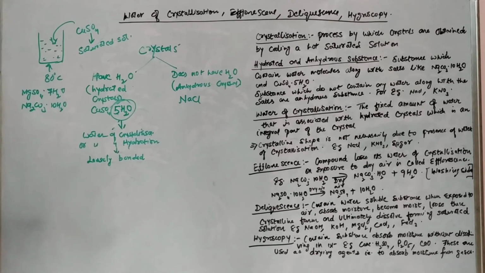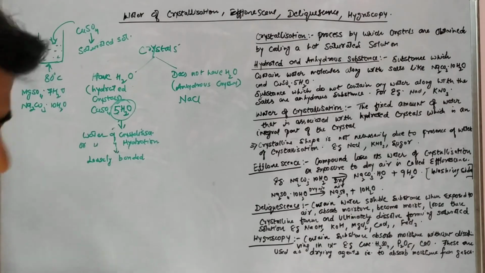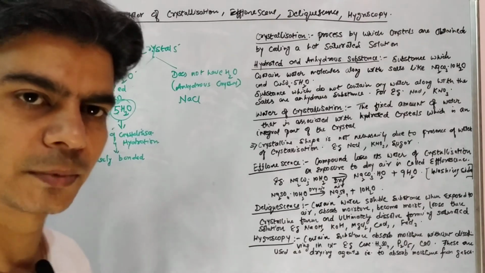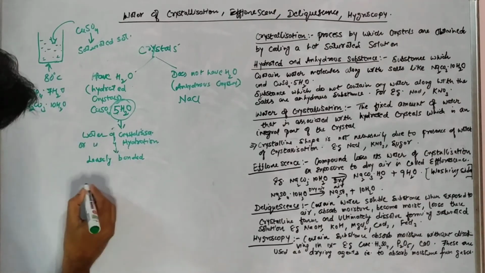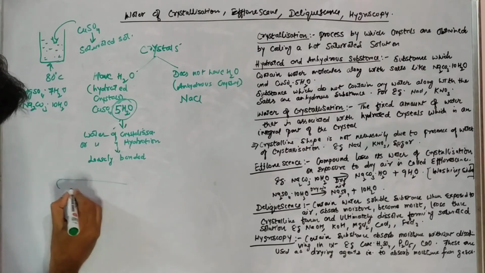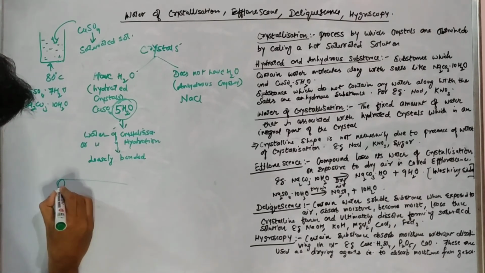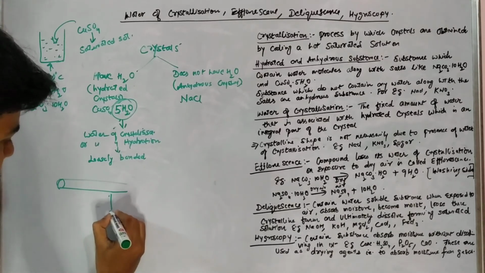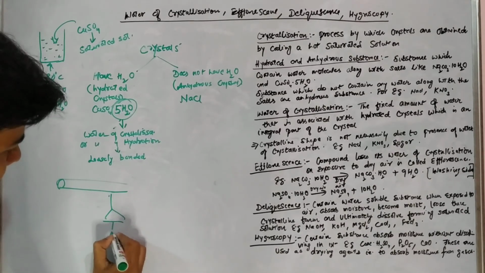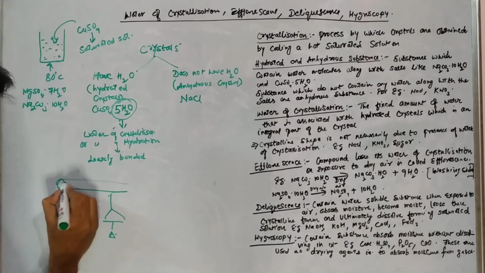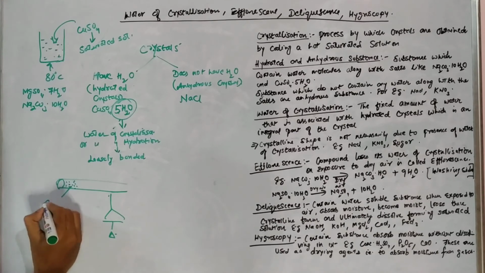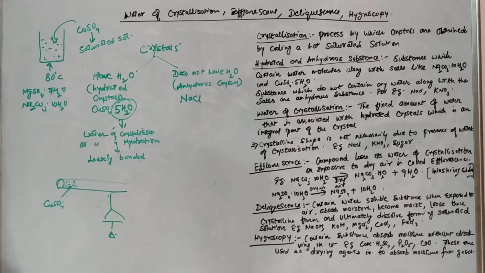Now, what is the effect of heat? How to prove that all these crystals contain water of crystallization? We'll do a simple experiment. We'll take this test tube, and here you have crystals of copper sulfate.